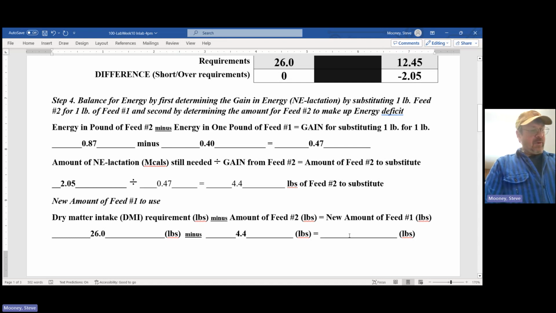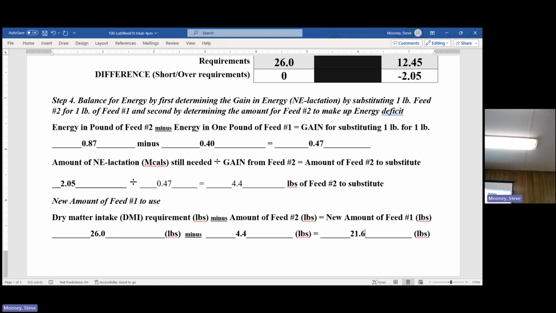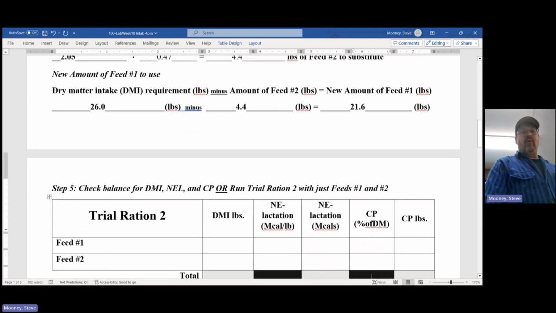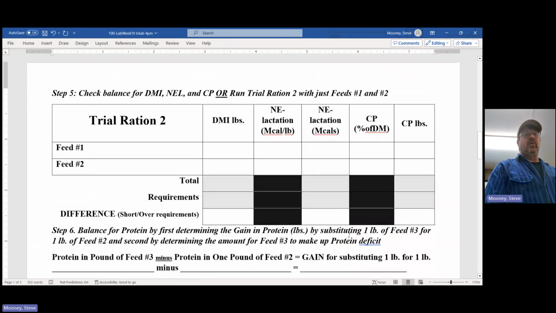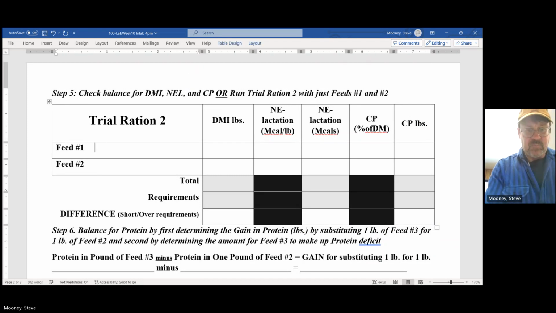That's going to leave us with what? 21.6 is my new weight for feed 1. So feed 1, feed 2. Take those numbers. We flip over to ration 2. So feed 1, grass silage.